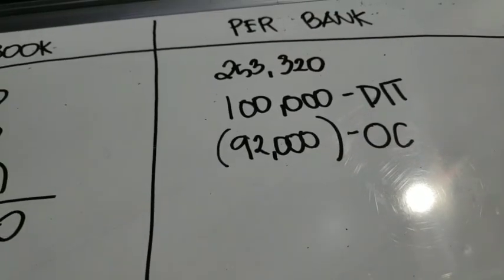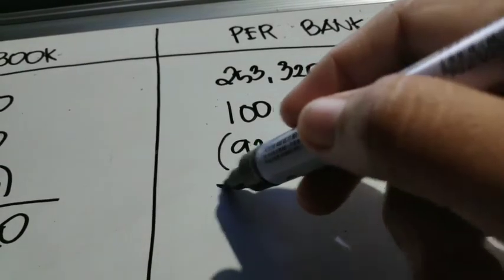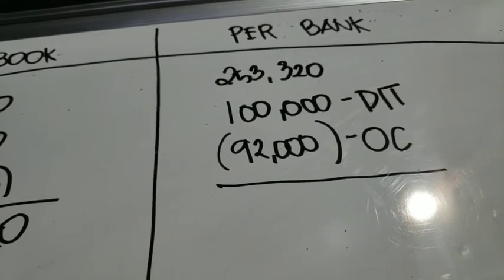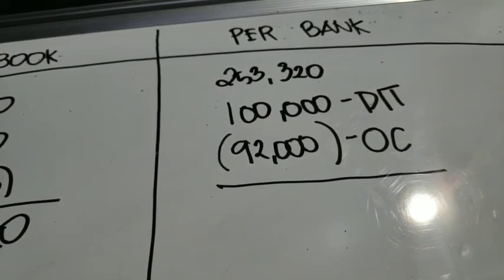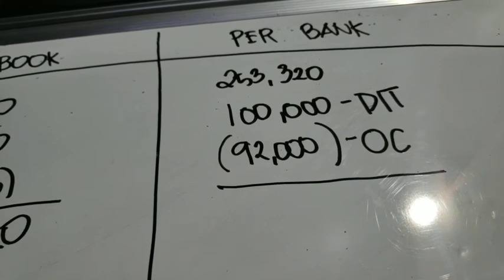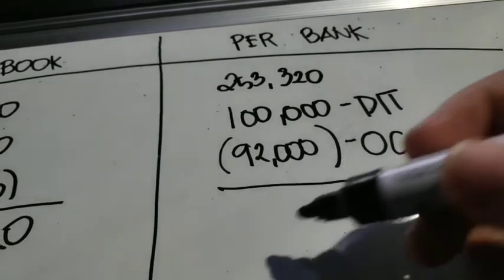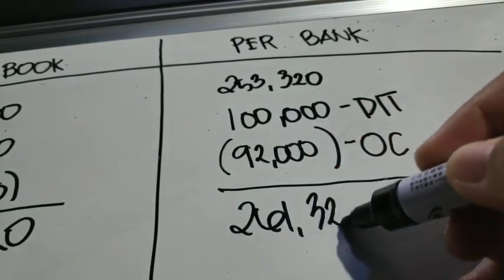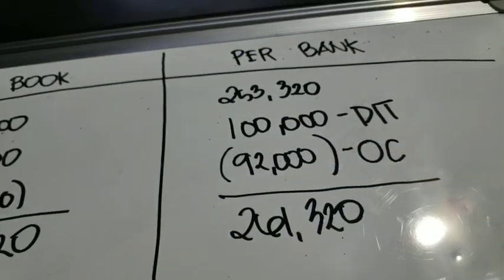Now let us proceed to the per bank. So let us compute the per bank balance. The first amount is 250,320 plus the 100,000 minus the 92,000. So it is 261,320.